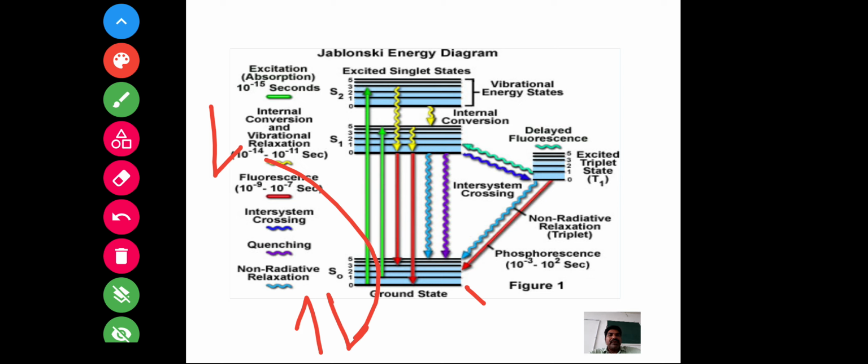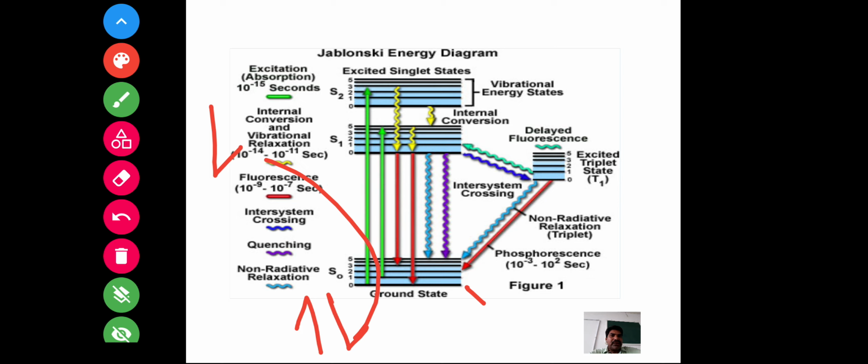So, there might be an internal conversion occurring during the course of time in order to deactivate this energy level. The electron excited to its excited state is short lived, that is 10 power minus 15 seconds. So, there might be internal conversion.